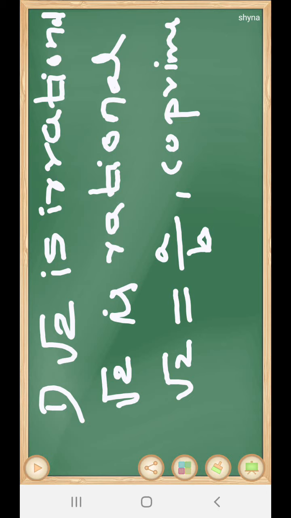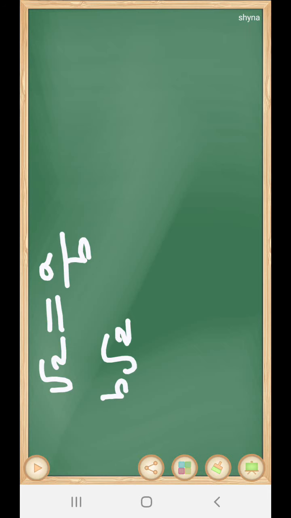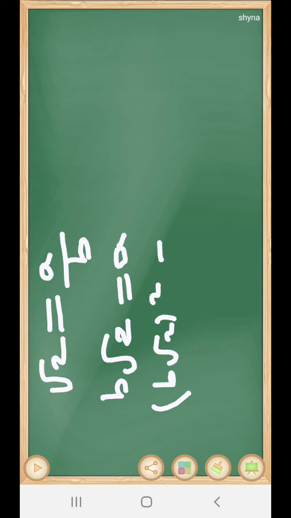Next, if root 2 equals a by b, we can rewrite that as b root 2 equals a. Then squaring on both sides, b root 2 whole square equals a square. What is the square of root 2?